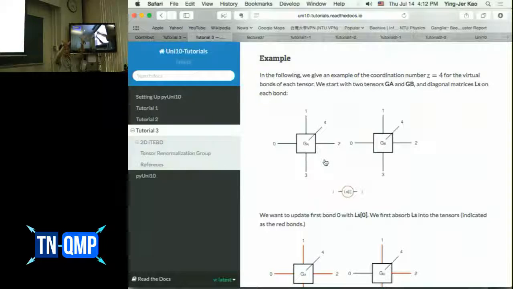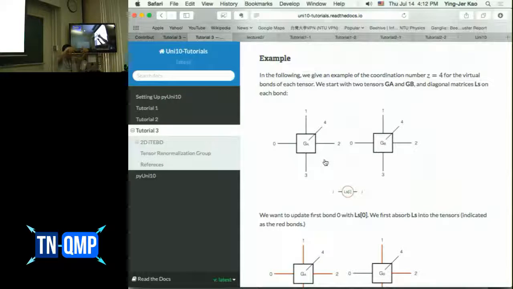So the way we design the algorithm is that we use a simple function, the same function. Basically, we contract a to a, b to b, c to c, and then keep rotating. And if you have z equal to 4, then you have a, b, c, d.